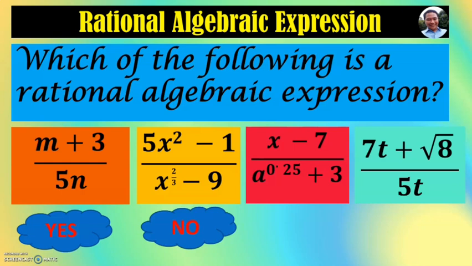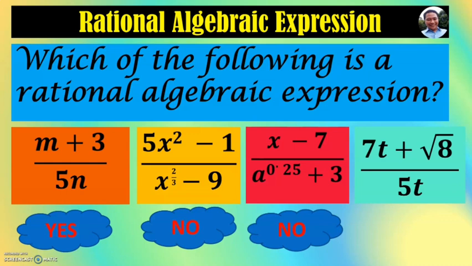How about the next one? X minus 7 over a raised to 0.25 plus 3. Rational algebraic expression or not? No, very good. It's not. Why? Because a variable is raised to a decimal. So take note of those restrictions that I mentioned a while ago.